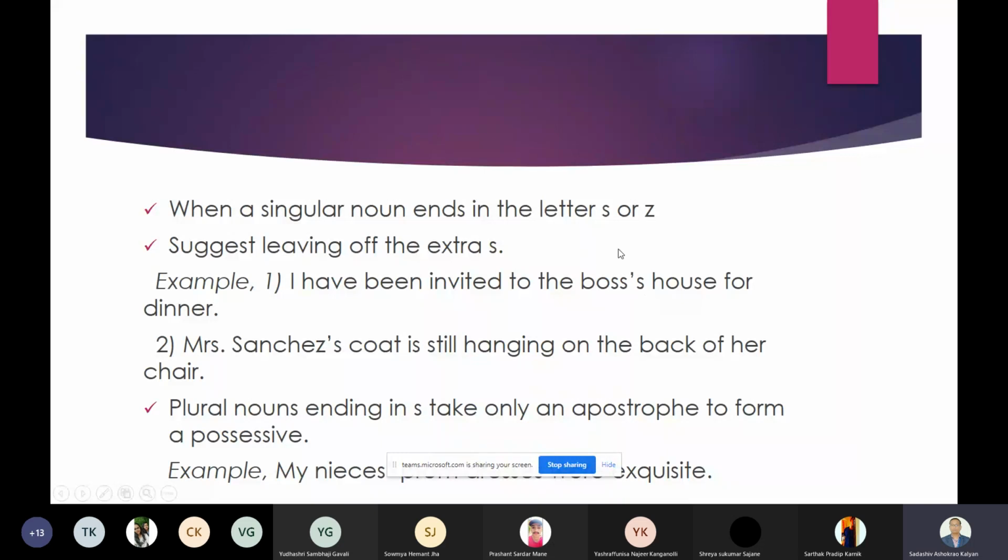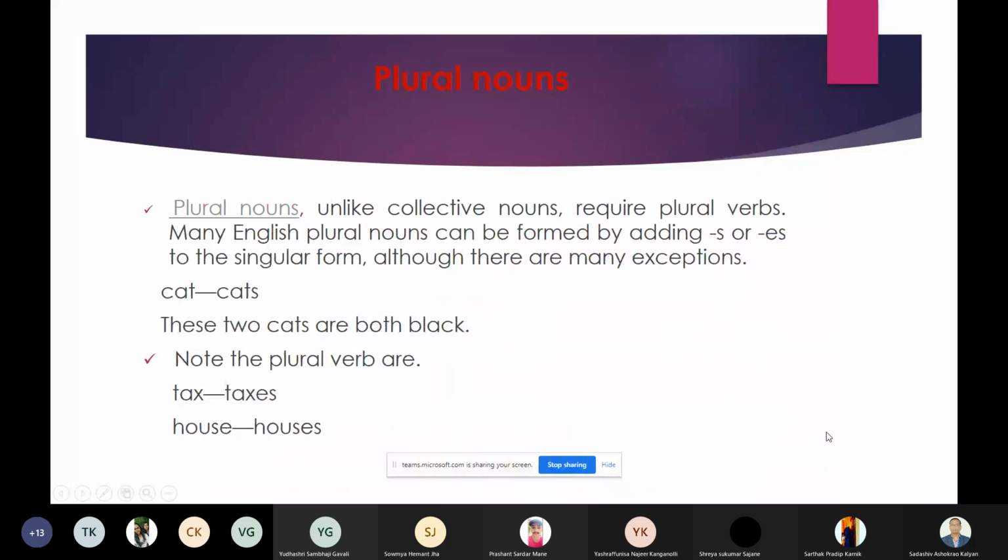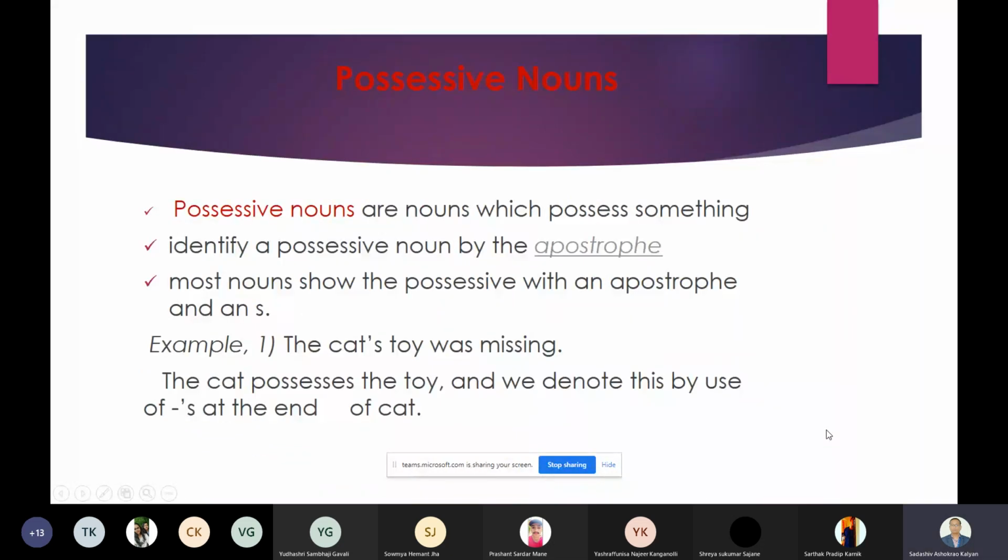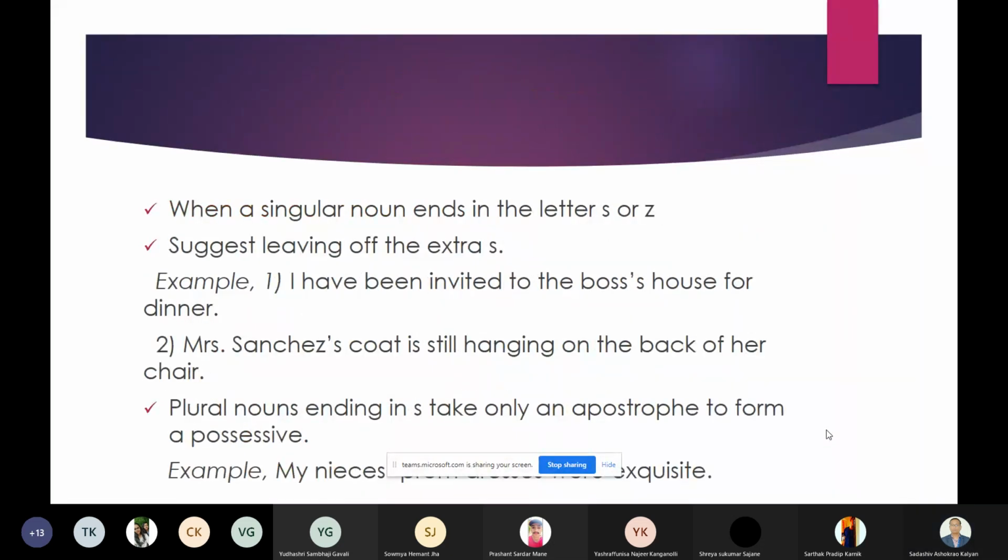In English it is sometimes pronounced one way, and sometimes another. Then another example, Mrs. Sankey's coat is still hanging on the back of her chair. Again, here the plural noun ending in s takes an apostrophe to form a possessive.